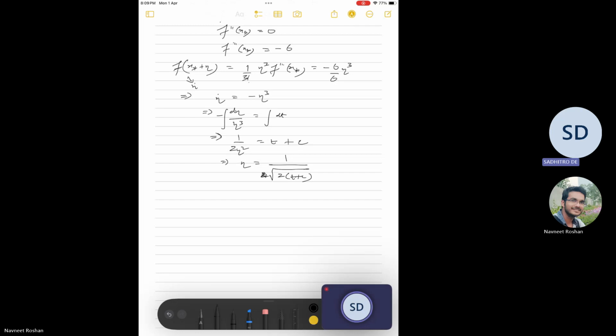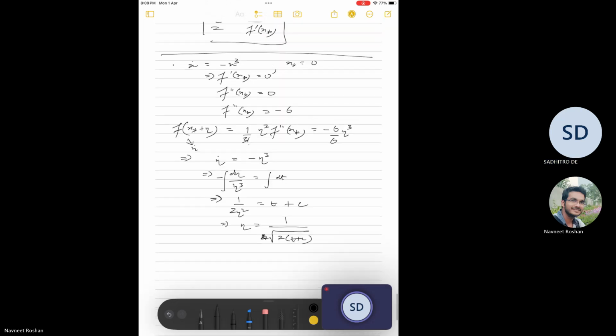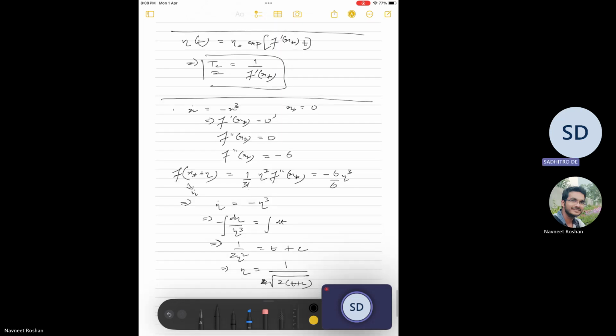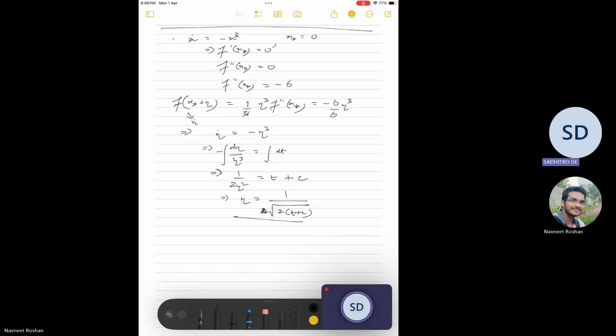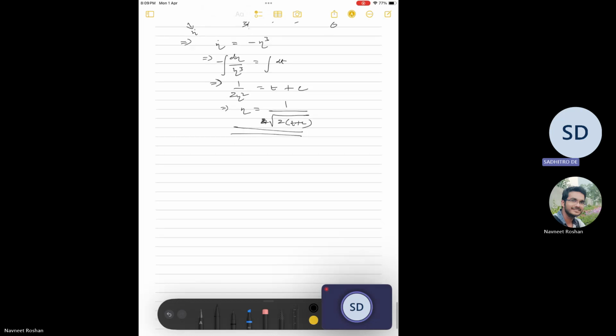So basically, because eta dot is a negative function of eta, this particular equation tells me that as time t goes to infinity, eta as a function of time will go to 0.